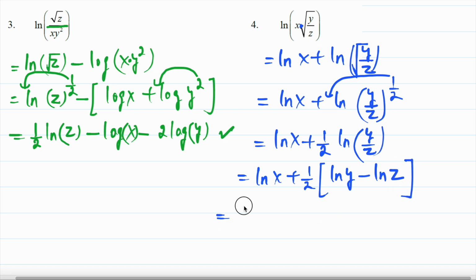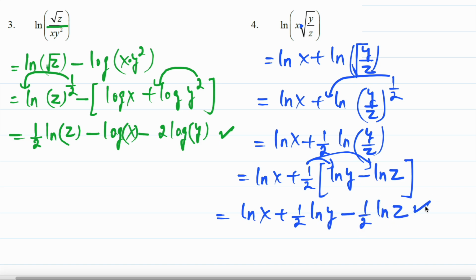One more step in which you will distribute 1 over 2 to these two terms. So it will be 1 over 2 log y minus 1 over 2 log z. And this is the answer to question number 4.